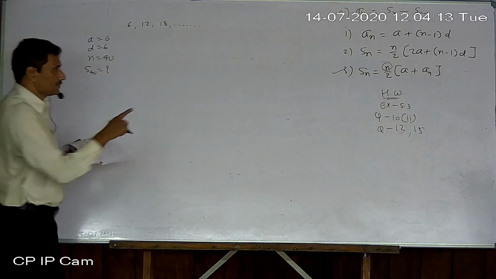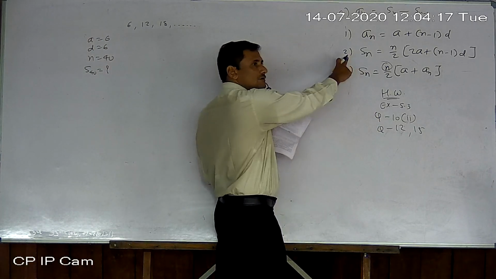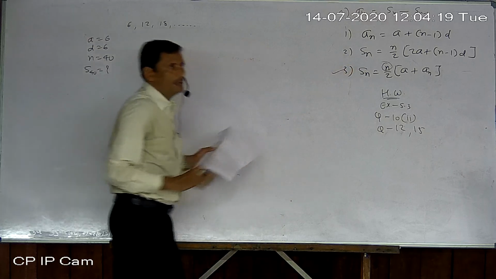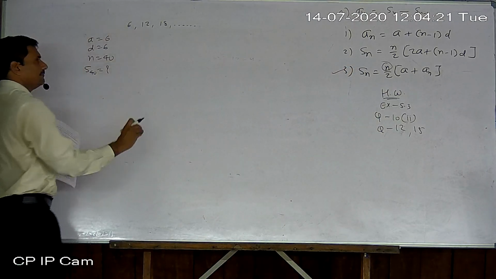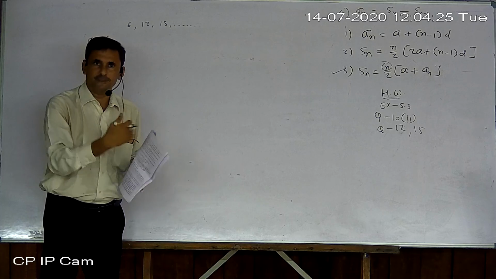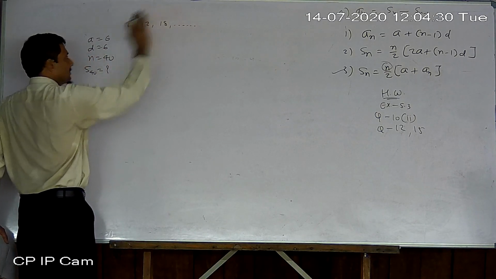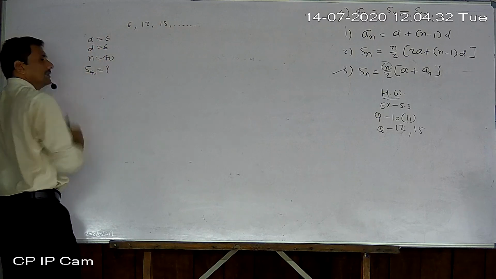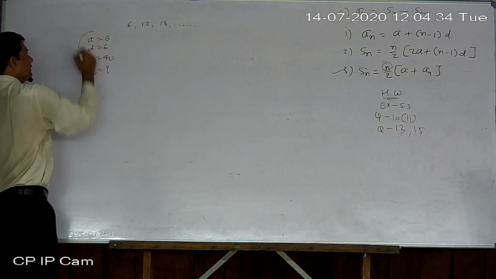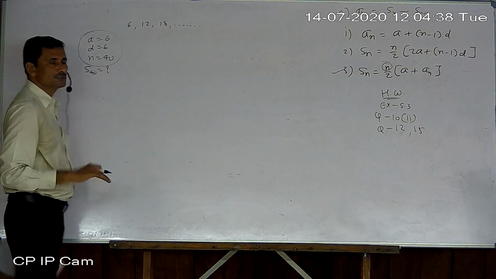So 12 and 13 are of the same type, and formula number 2 will be useful there. The AP is given indirectly but it is very simple. 8, then 16, means the table of 8 only. You just write 2 or 3 terms first of all, then dot dot dot, so you know A and D, and N is given. Everything is given here. So place all values in the Sn formula, and you will have Sn.